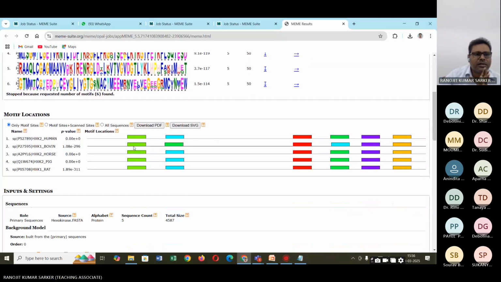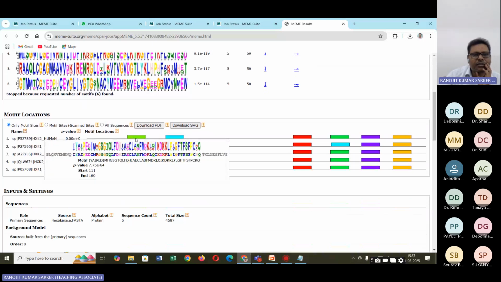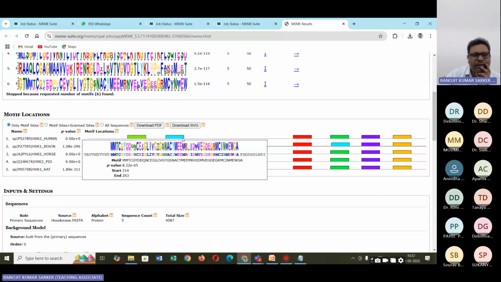Now you can see the positions of this motif and the p-value for each motif. You move the cursor and you will see the motif. The start point is 214 and the end position is 263.